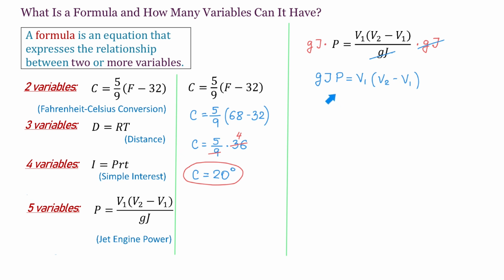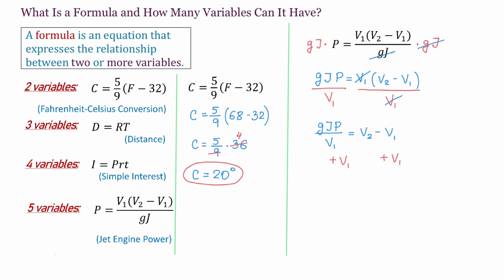Next, we will divide both sides by V1. Then on the right side, V1 will cancel, and now we will have GJP over V1 equals V2 minus V1. In the next step, we will add V1 to both sides.